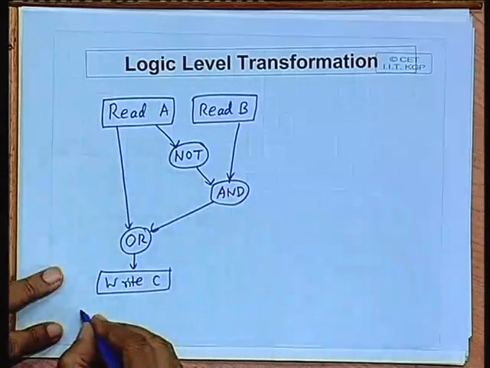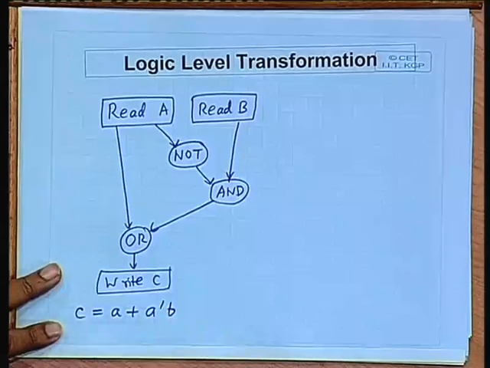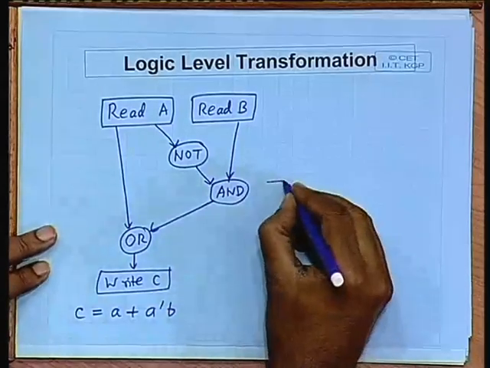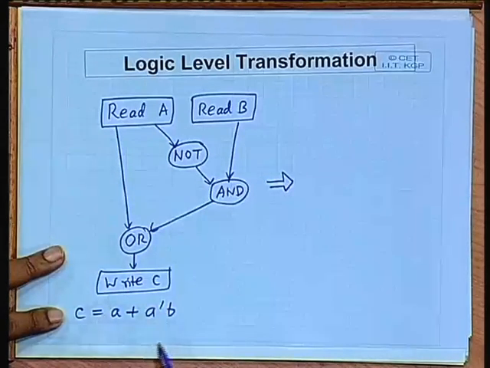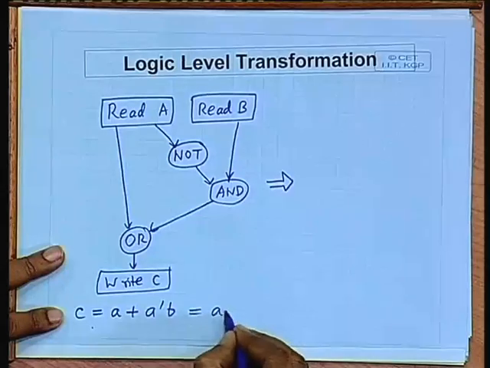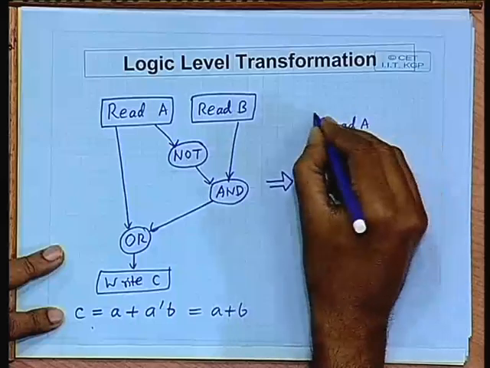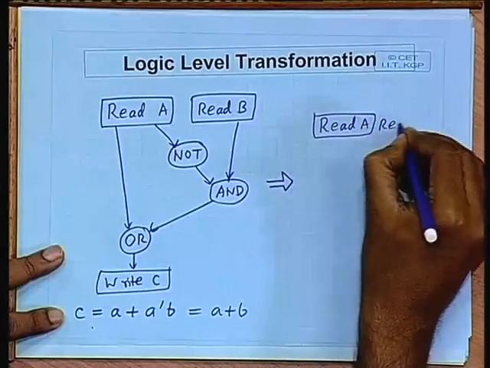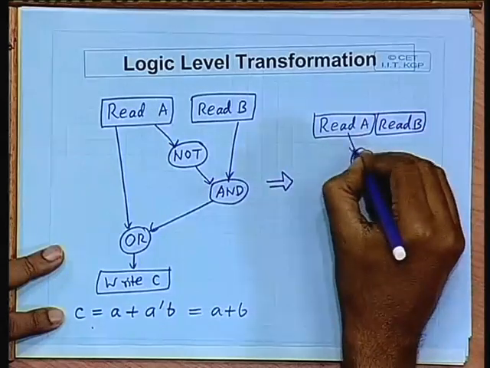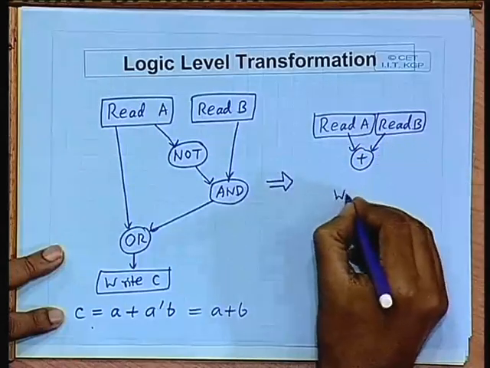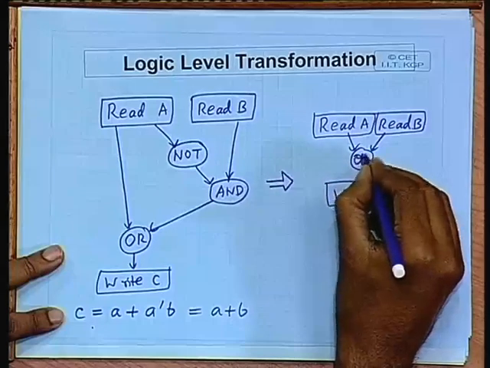So, actually what you tried to specify was C equal to A or A prime B. Now, the synthesizer can very easily find this expression, optimize it, and it knows that this is equal to nothing but A or B, and it can simply modify this diagram as, sorry, this is OR.